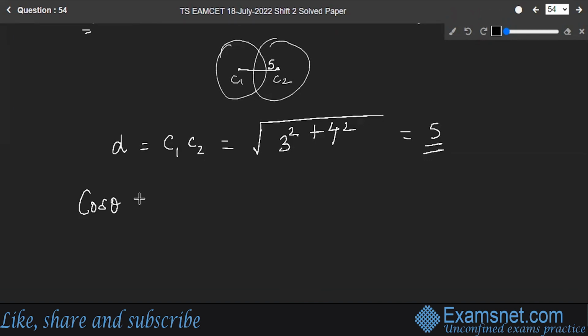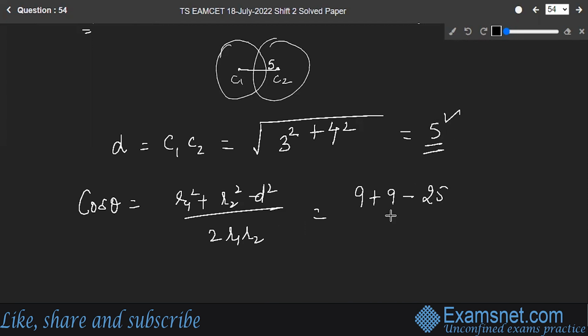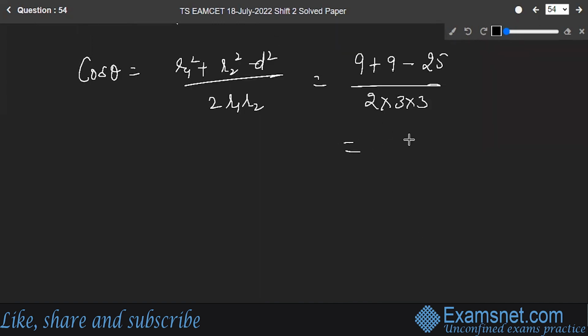Now, you know cos theta is given by R1 squared plus R2 squared minus D squared upon 2 R1 R2. R1 was 3, so 9, plus R2 was also 3, so 9, minus D squared, D is 5, so 25, upon 2 into 3 into 3. This gives me 18 minus 25, which is minus 7 upon 18. This is cos of theta.